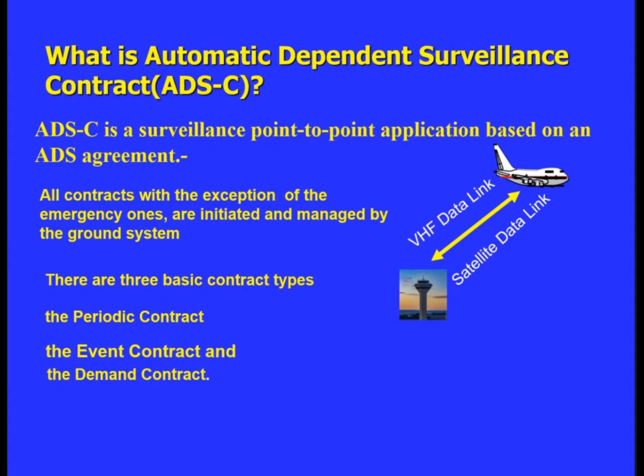The demand contract is a one-off request made by a controller for an ADS report containing only the basic ADS group. A situation where a demand contract report is useful is when an ADS aircraft is climbing or descending.